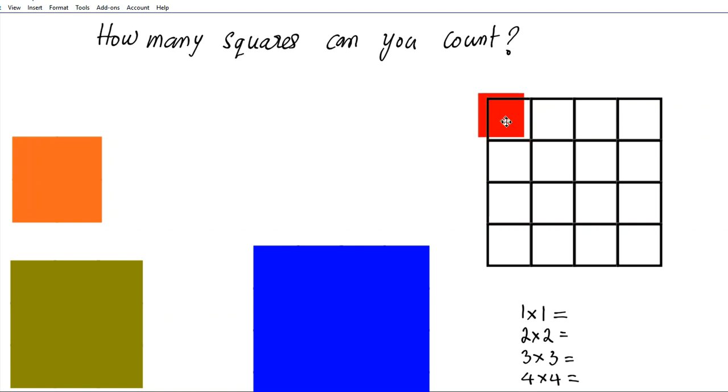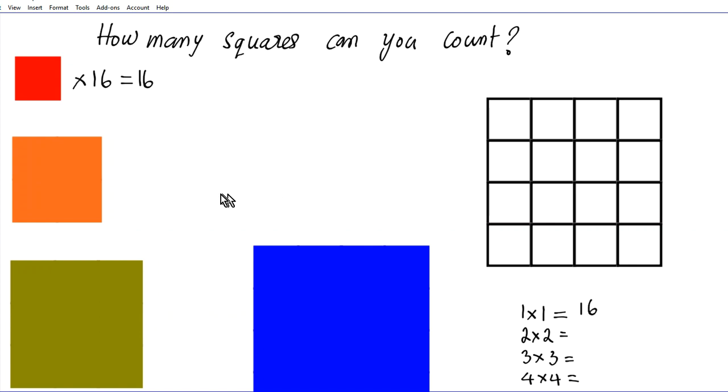Let's go ahead and count. 1, 2, 3, 4, 5, 6, 7, 8, 9, 10, 11, 12, 13, 14, 15, 16. Okay, so we have 16 of these 1 by 1 squares present.